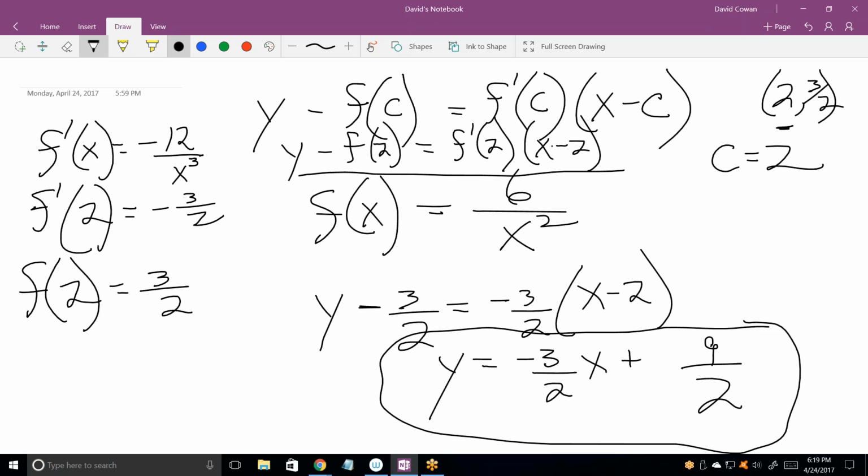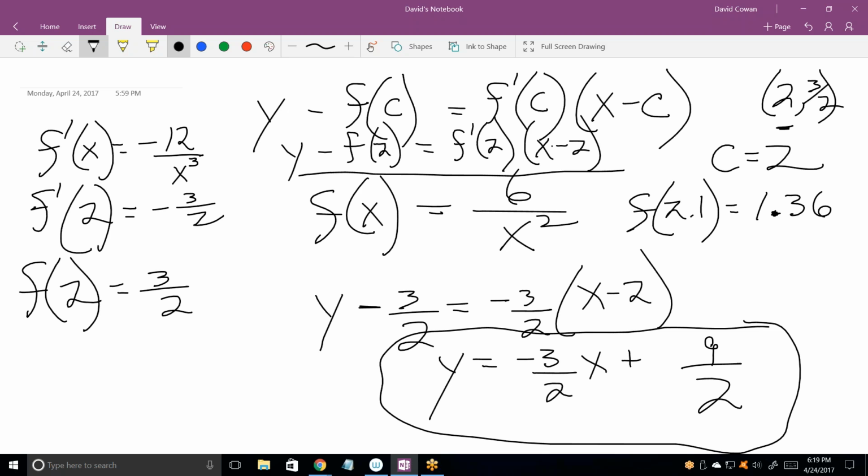Tell me what f of 2.1 is, even if you have to use your calculator. Tell me what it is. Okay. 6 over 2.1 squared. 1.36. What is it? 1.36.